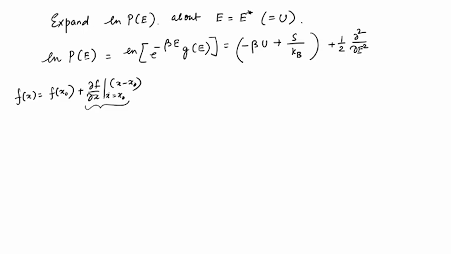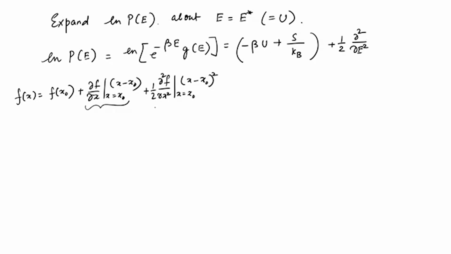So, the first derivative goes to 0, and the only non-zero term is del 2 f del x 2 at x equal to x 0 times x minus x 0 squared. And we have shown earlier that the first derivative vanishes because it gives you an extremum condition.